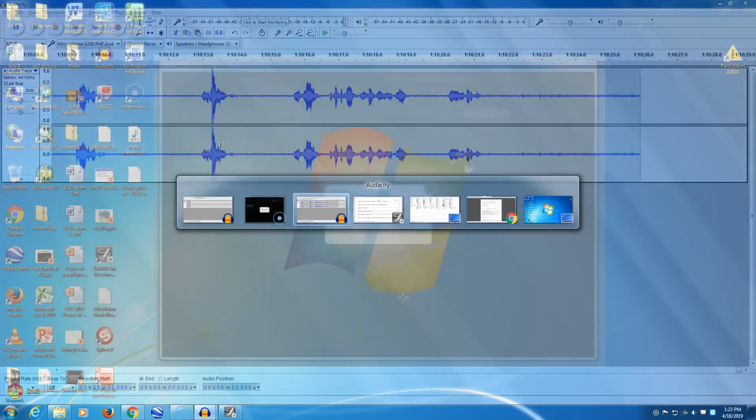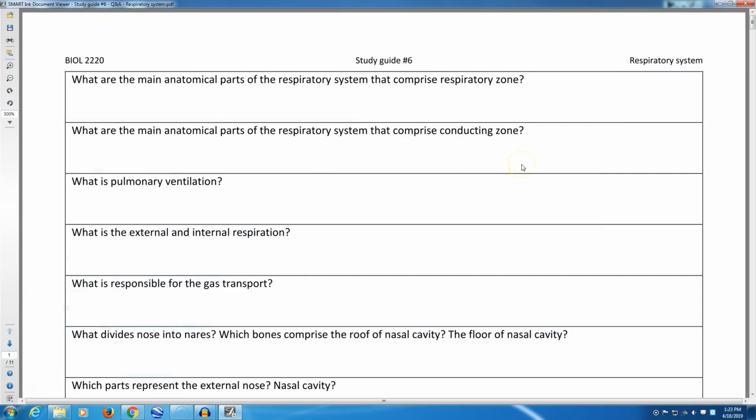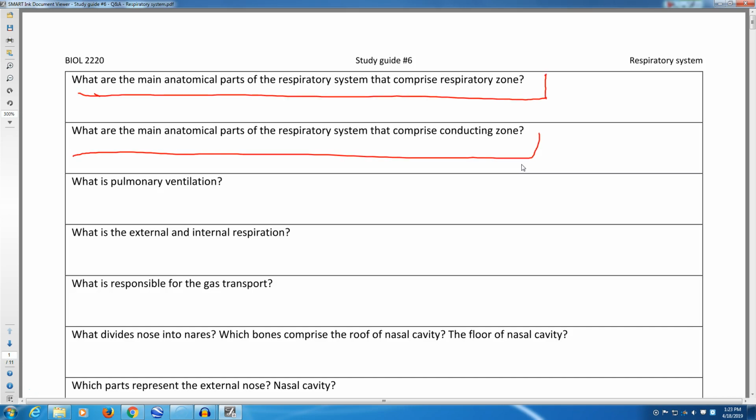So, study guide review. Regarding these parts, I will ask you questions like which of the following is part of the respiratory zone, which of the following is part of the conducting zone.